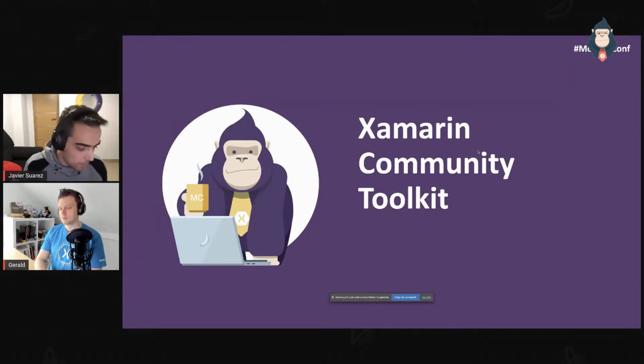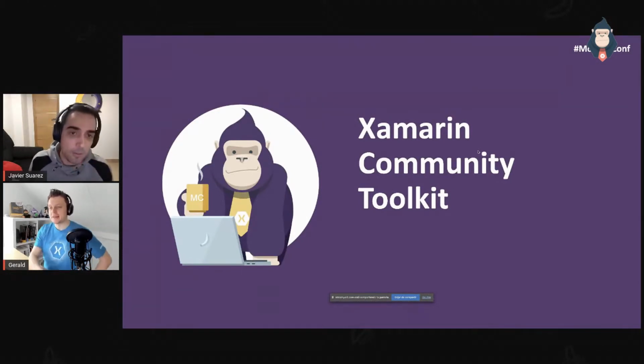So we only have 40 minutes, and probably you have heard about the Community Toolkit several times in the past years, because now for many developers it looks like we are creating this toolkit from scratch, but the reality is that the toolkit started in 2016, if I remember well.